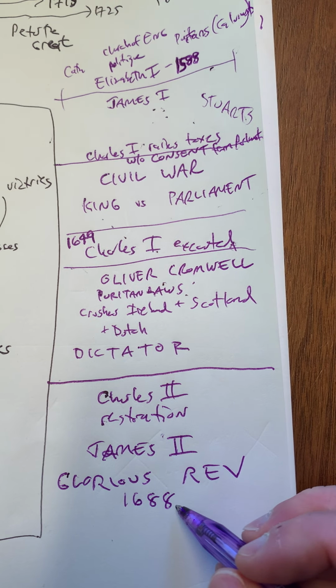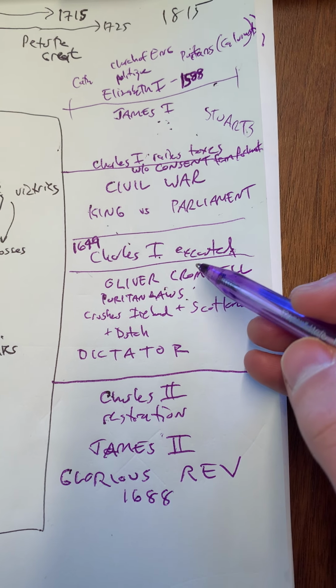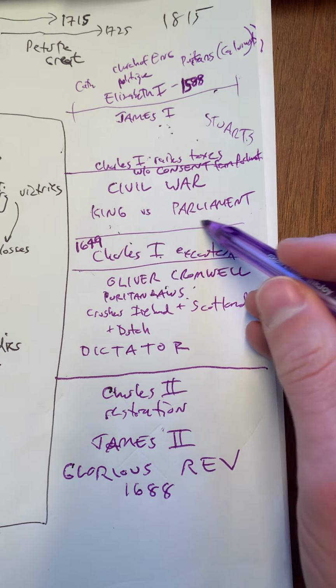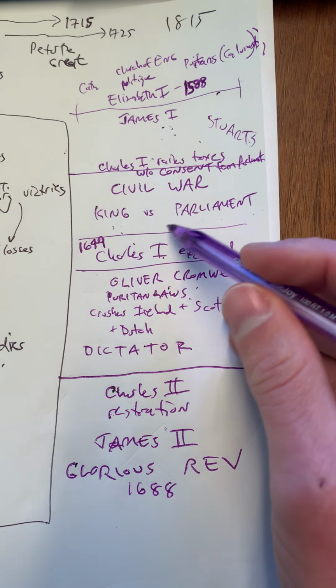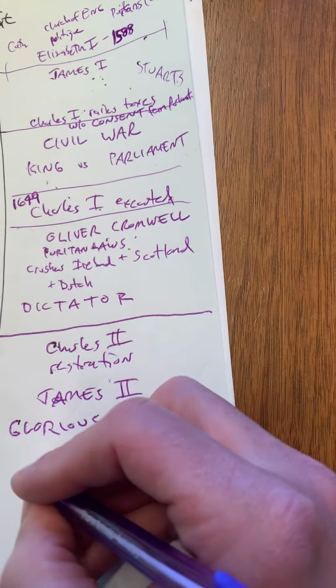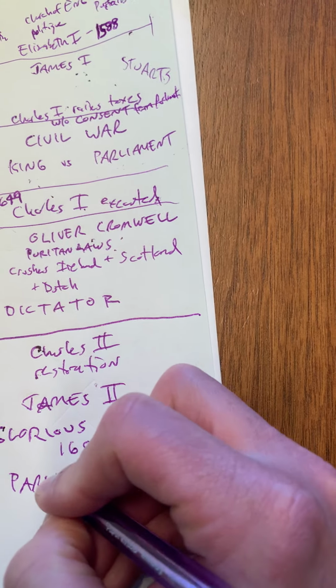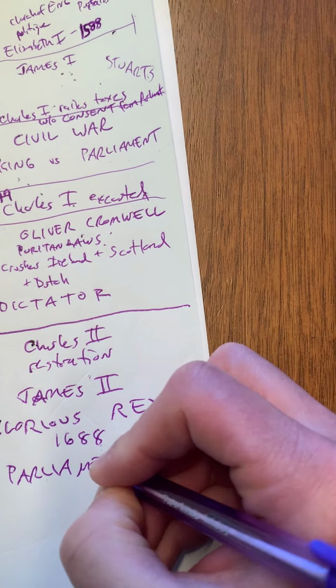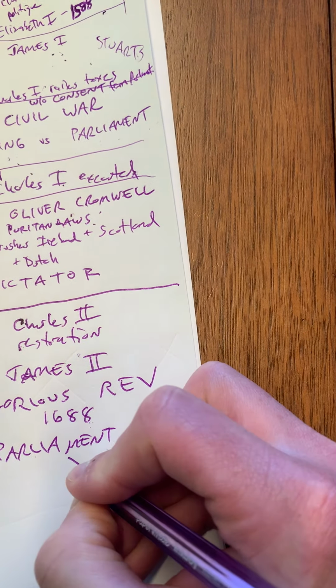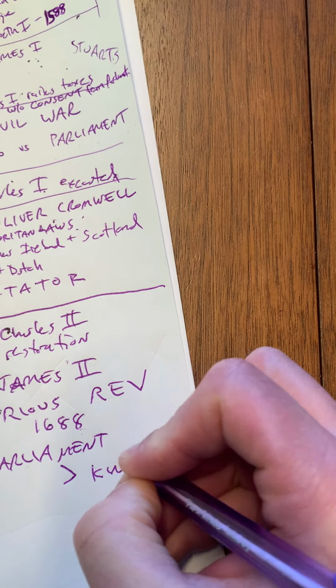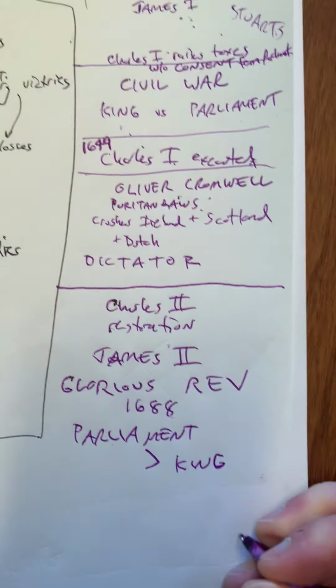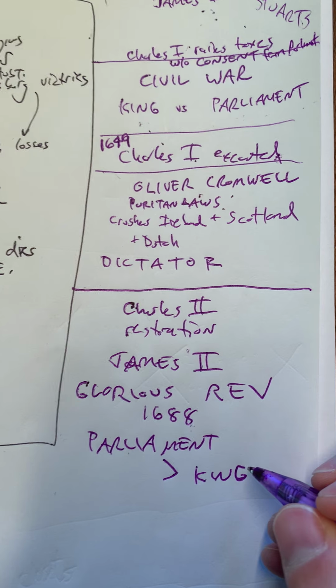Okay. The Glorious Revolution in 1688 is when finally this king versus parliament conflict that has been happening ends. Parliament, I'm just going to make greater than king, okay? The king agrees to share power with parliament.